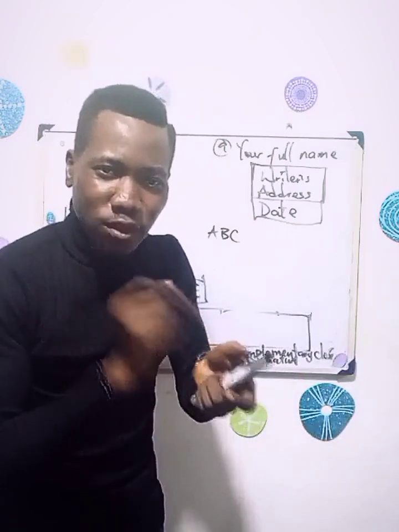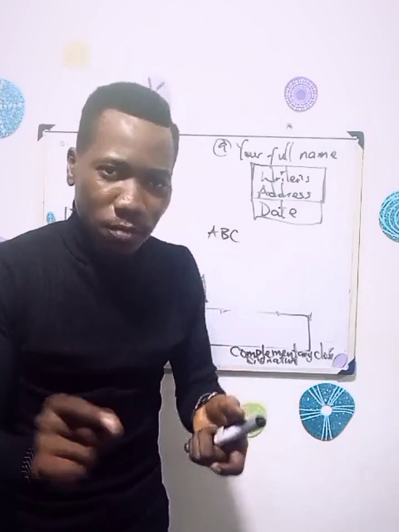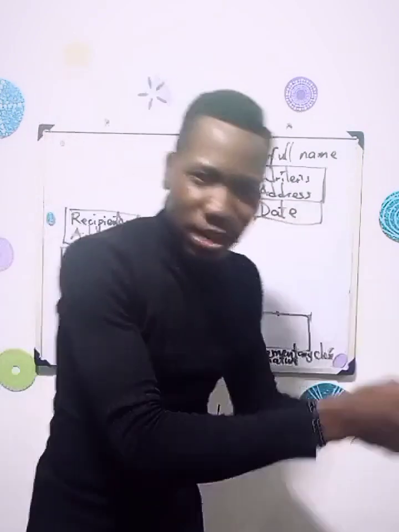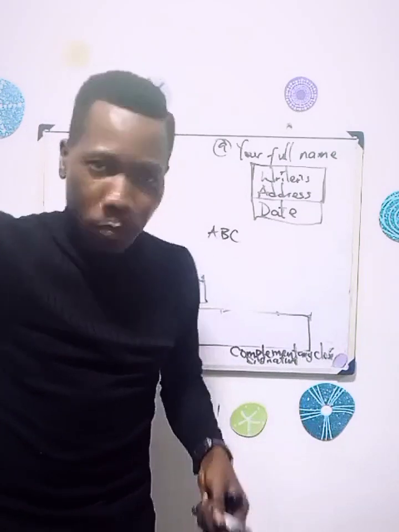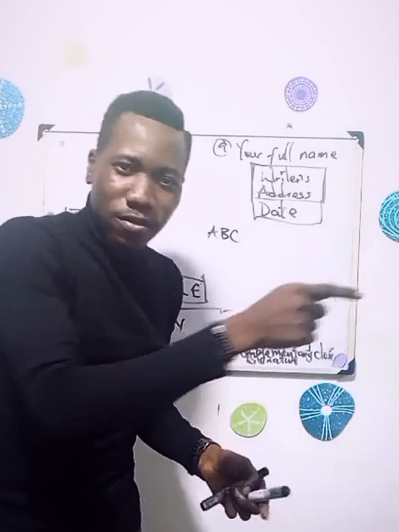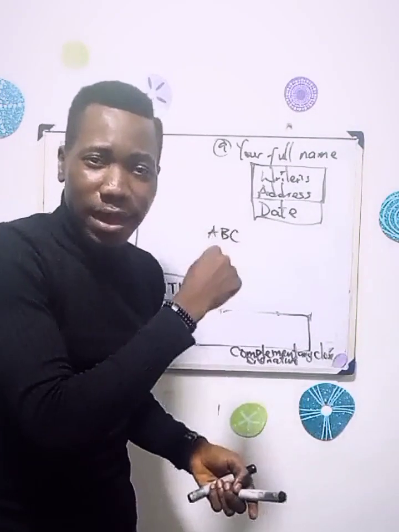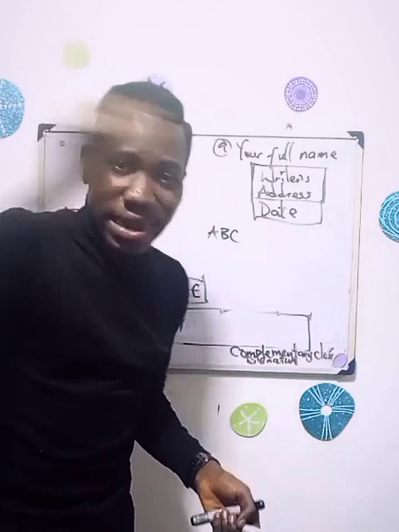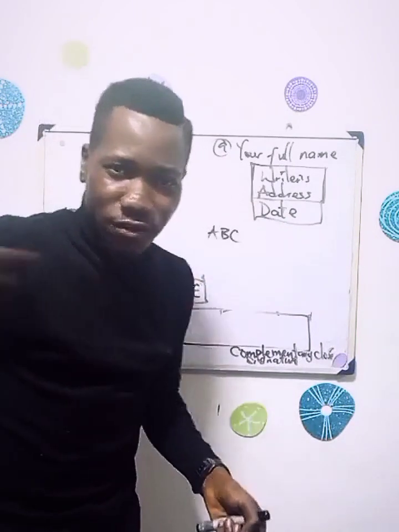But if it is directed to a particular person, maybe the managing director, it has to be taken to the managing director first, unless the managing director gives it to the PA or secretary to open. So include the job title, the manager, then the company name and the address.